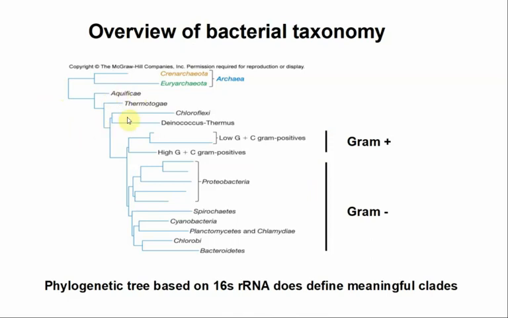So they can let you know what was the ancestral state of this characteristic. So what is the gram status of these different guys here? Deinococcus-Thermus, they have an outer membrane, but they don't have LPS, so it's not really gram-negative. Chloroflexi, they're gram-positive. Thermotoga, just let me check on my cheat sheet here.